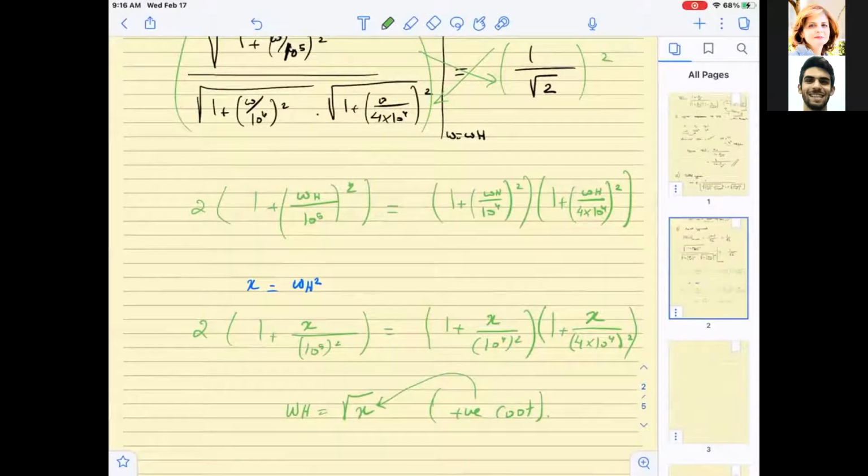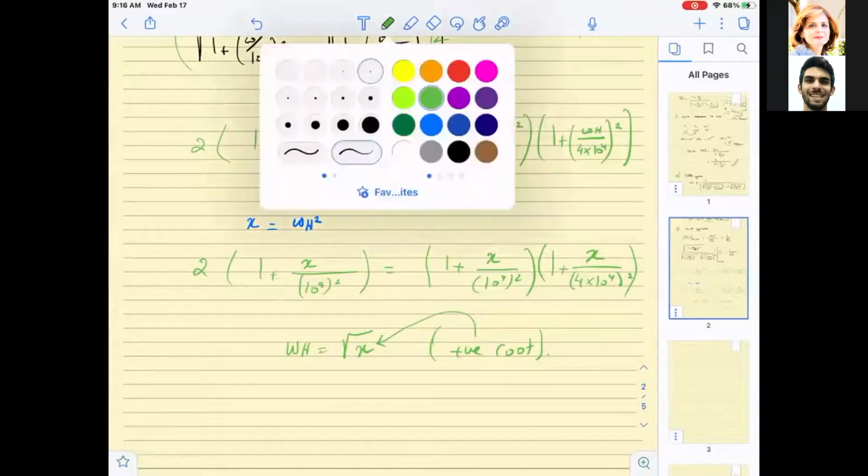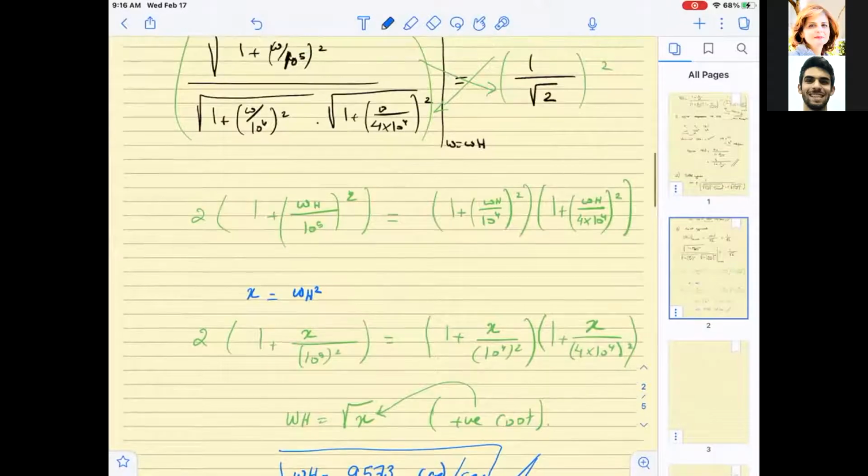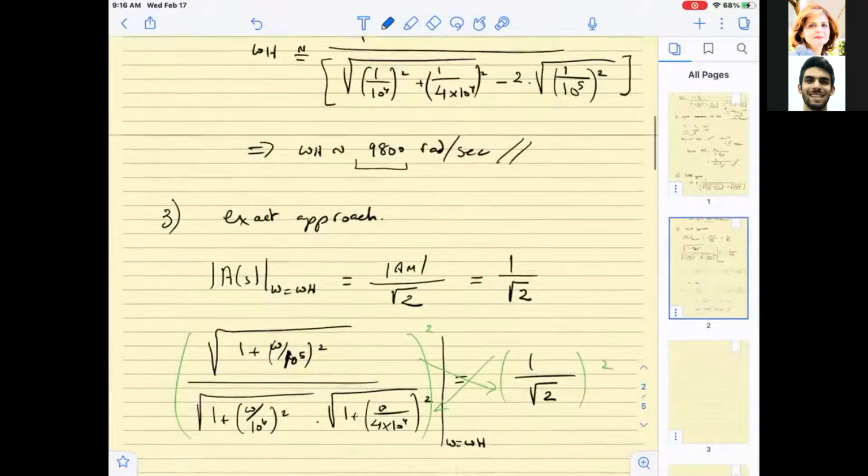Okay, so for this problem, if we solve for it, we end up finding that omega_H is equal to 9573 radians per second. We can see how the exact solution is 9573.